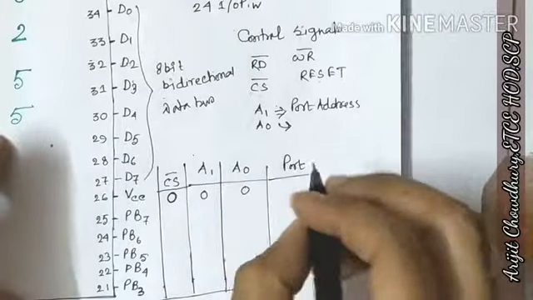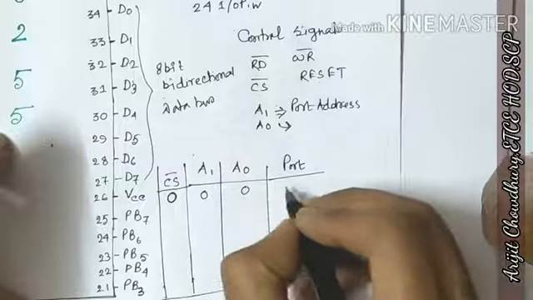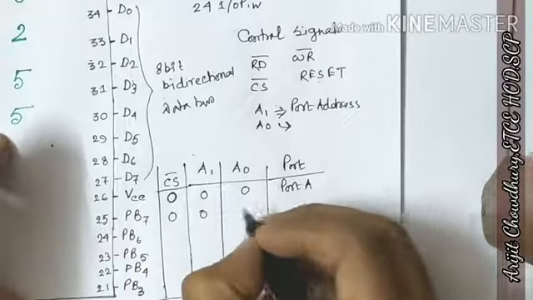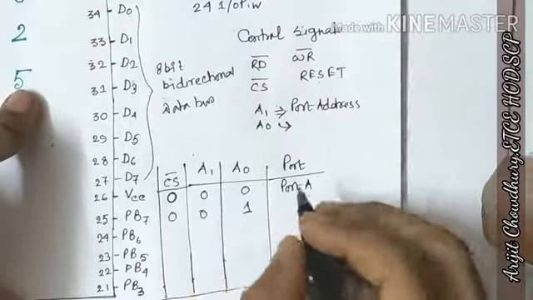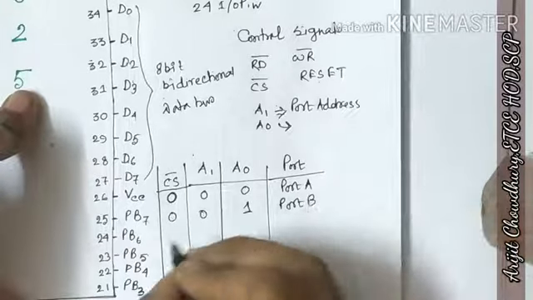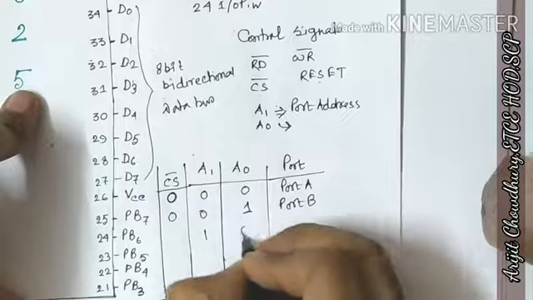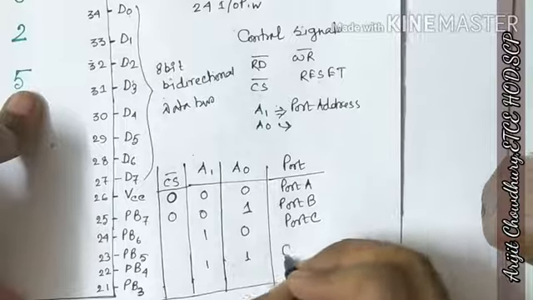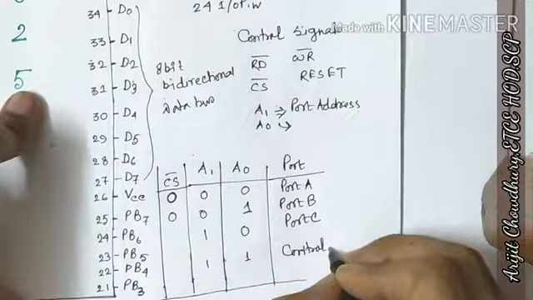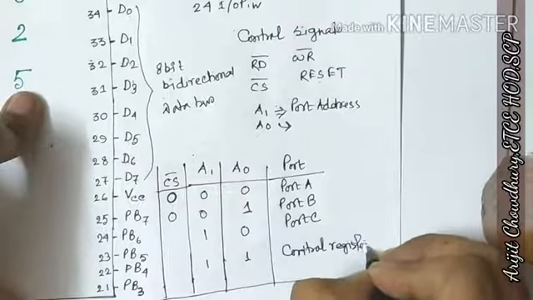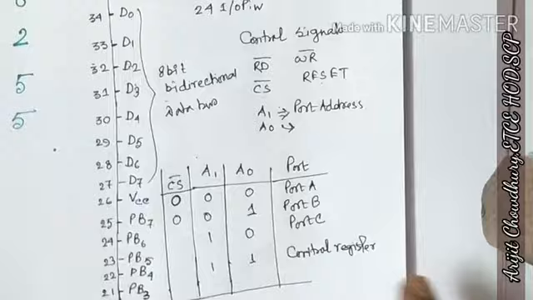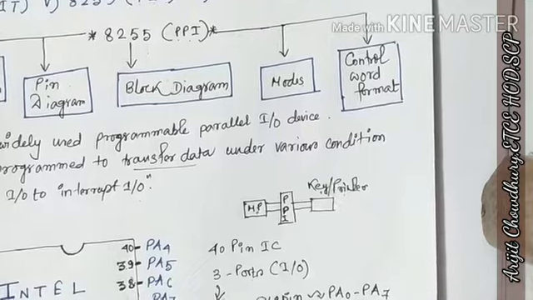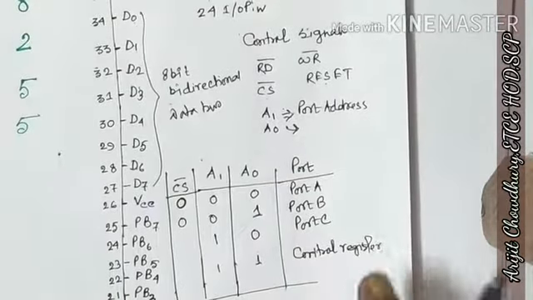When A1, A0 is 0, 0, it selects port A. When A1, A0 is 0, 1, it selects port B. When A1, A0 is 1, 0, it selects port C. When 1, 1, it selects the control register, where the control word is kept.